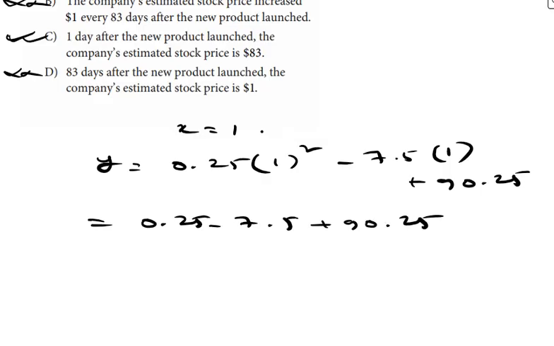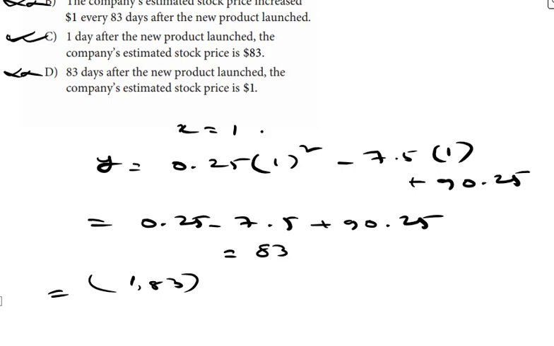First combine 0.25 and 90.25, which equals 90.5. Now subtract 7.5: 90.5 minus 7.5 equals 83. So the ordered pair (1, 83) is correct and this confirms our interpretation.